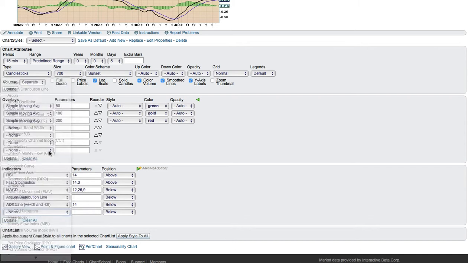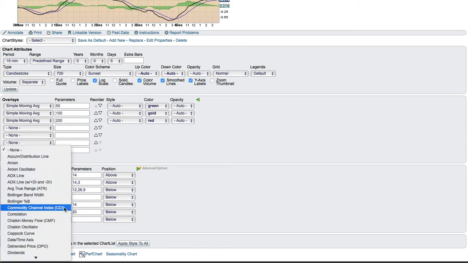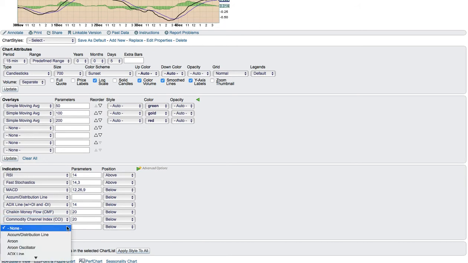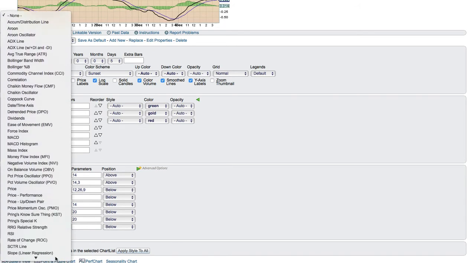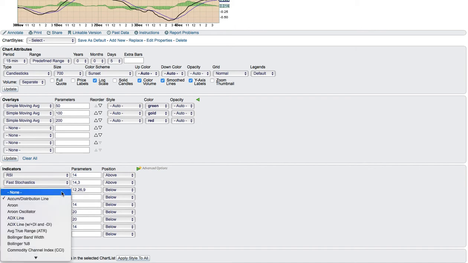You might want Chaikin money flow, or CCI. There are so many that you are limited when you don't have a subscription. We can go over these other indicators in the future, but as you can see, there are many more that are helpful for analyzing the charts.